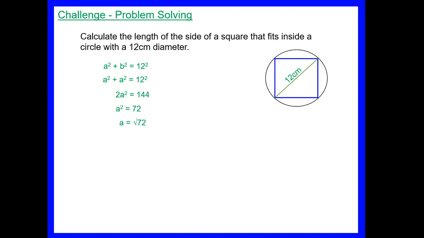I get A equals the square root of 72. The square root of 72 is 8.4852, etc. And again, rounded to an appropriate degree of accuracy, it is 8.49 centimeters. So the length of the sides of our square are 8.49 centimeters.